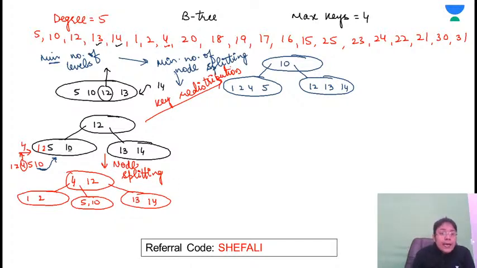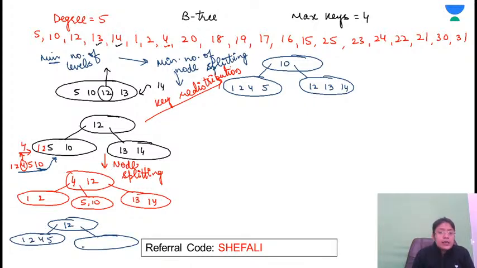Now, okay, you are saying 10 is going up. Here we have 1, 2, 4, 5, 10. If I directly keep this tree like this, 1, 2, 4, 5, can I send 10 here? Can we do that?